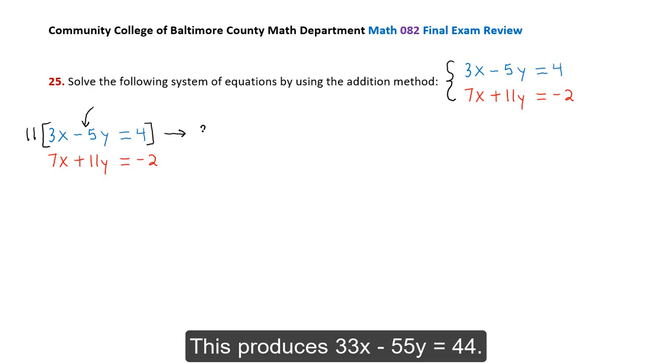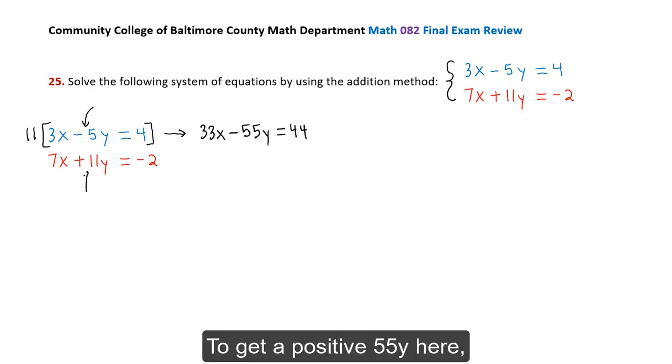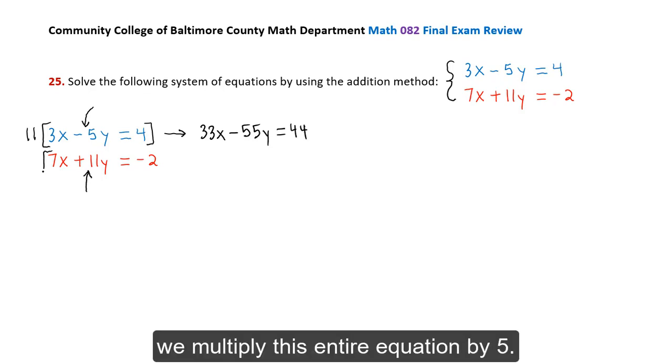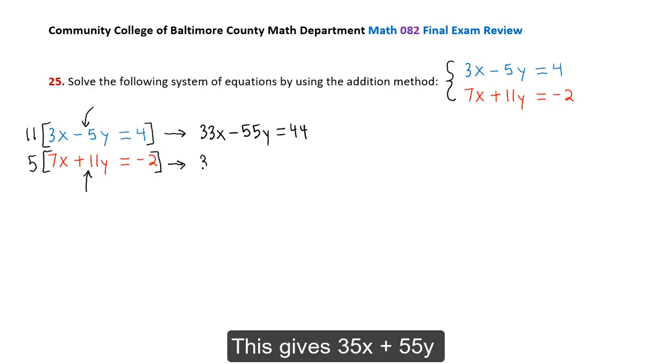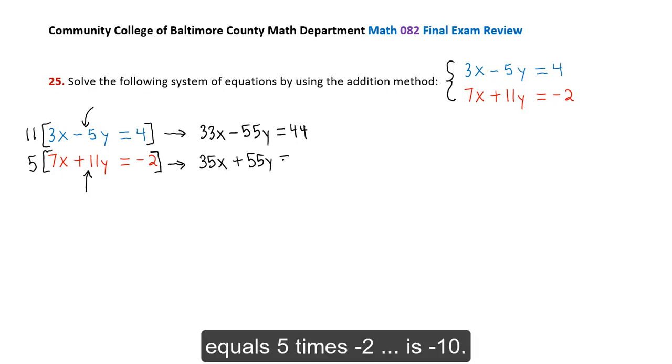This produces 33x minus 55y equals 44. To get a positive 55y here, we multiply this entire equation by 5. This gives 35x plus 55y equals 5 times negative 2 is negative 10.